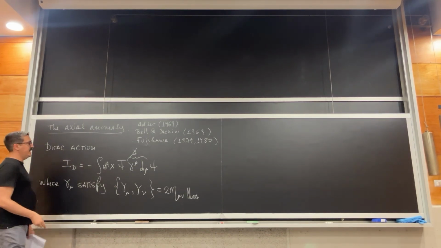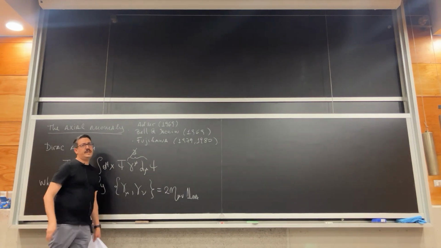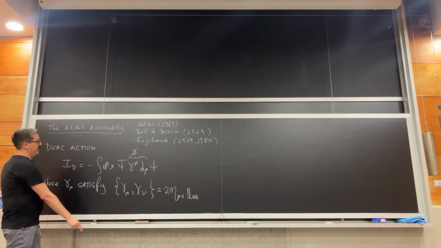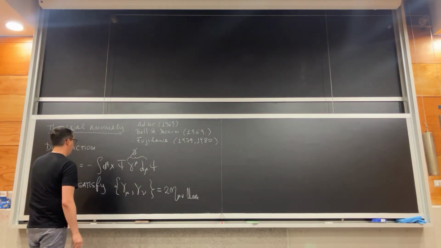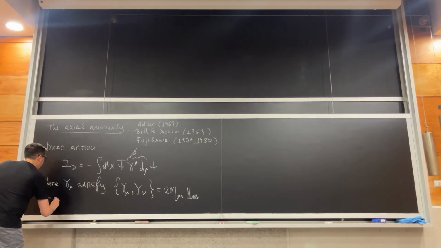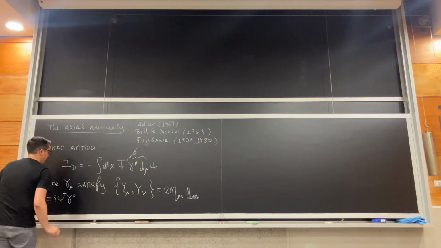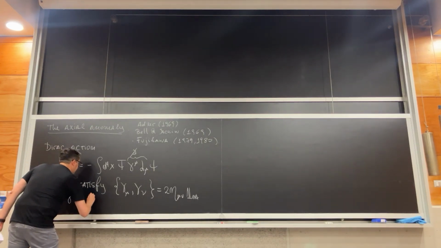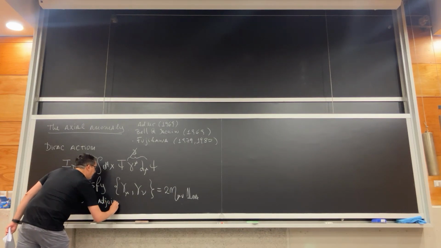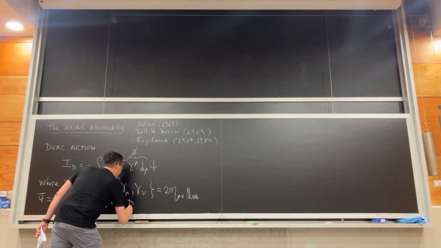Additionally, this guy is called the adjoint Dirac spinor that can be defined considering the gamma 0. So psi bar is the adjoint Dirac spinor.